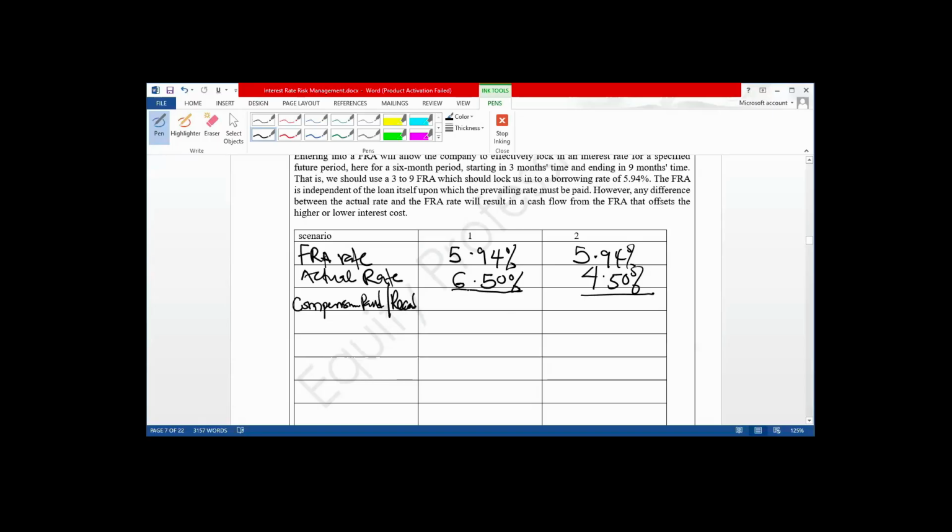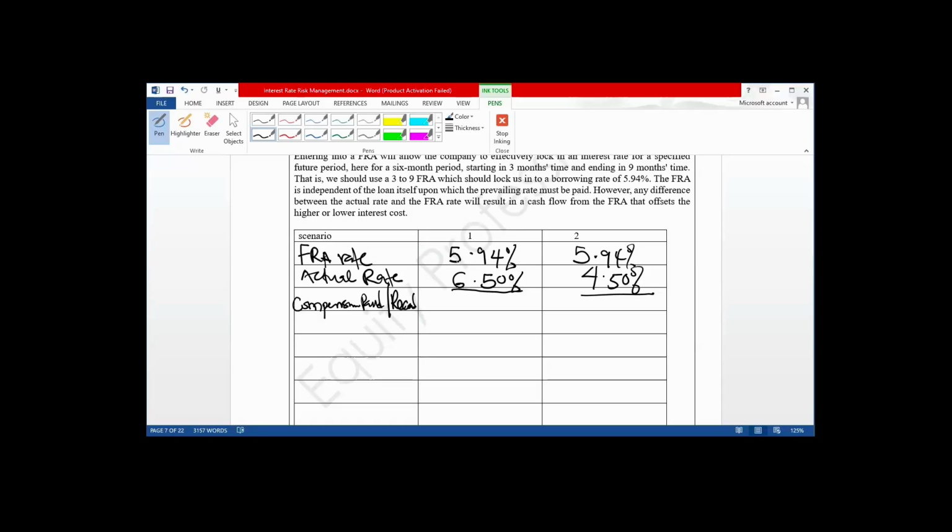Now look at it, please. If the company borrows at 6.5, you pay more than what you should have paid. You should have borrowed at 5.94.